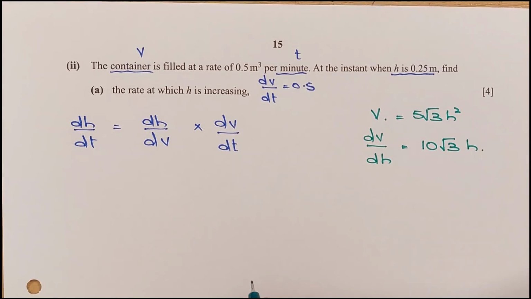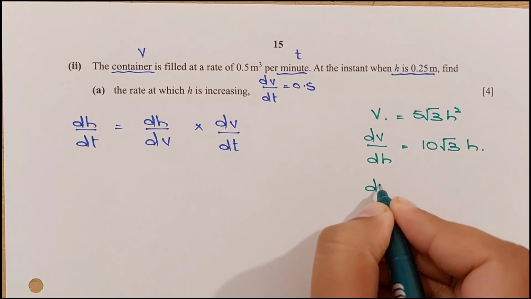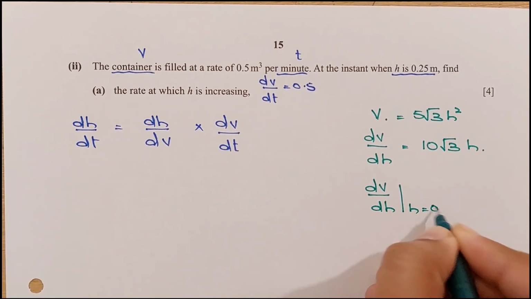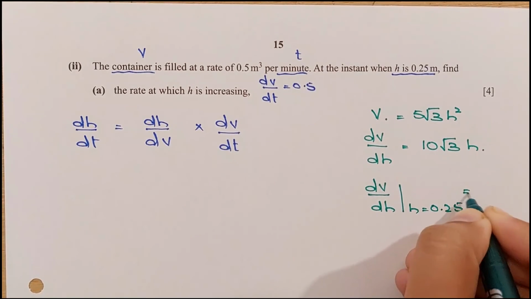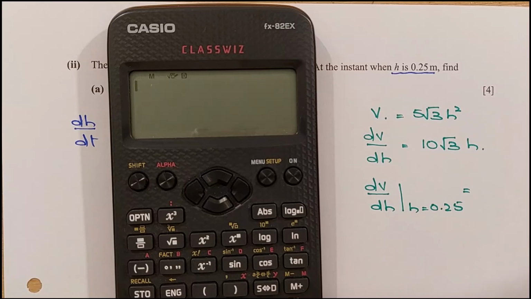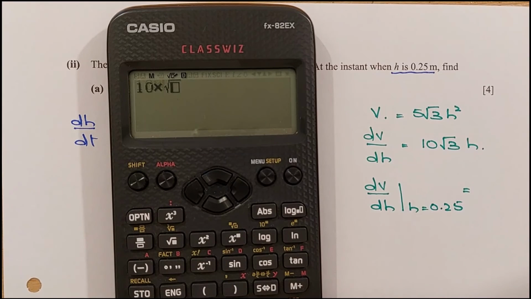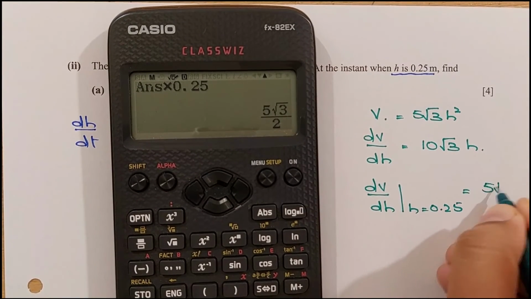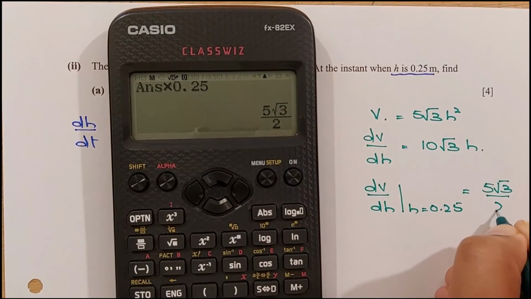And when h is 0.25, dV over dh is 10 times square root of 3 times 0.25, or we can say 5 square root of 3 by 2.